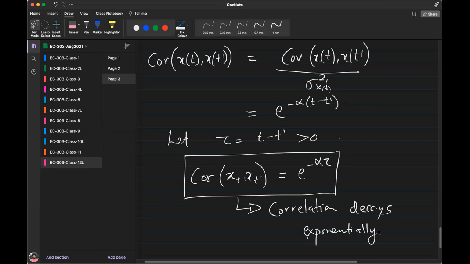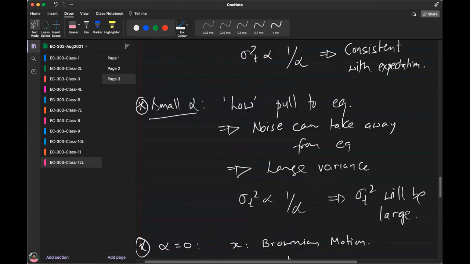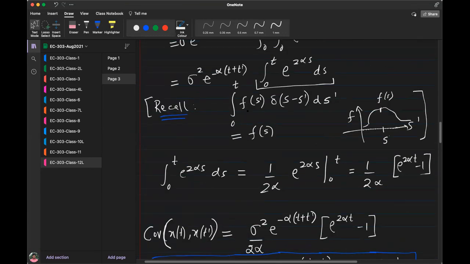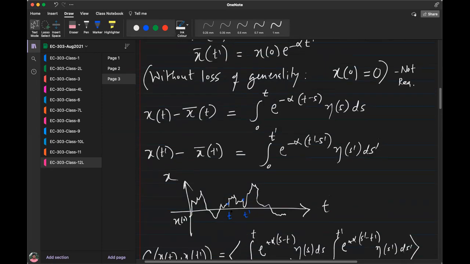Is it reasonable? Apart from the small cheating I did, which is why I have this squiggly equal here. So basically, go back to the time series diagram I wrote: t and t prime.